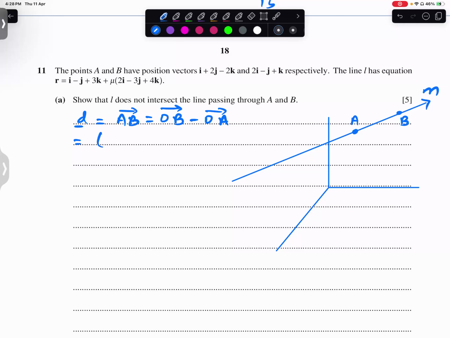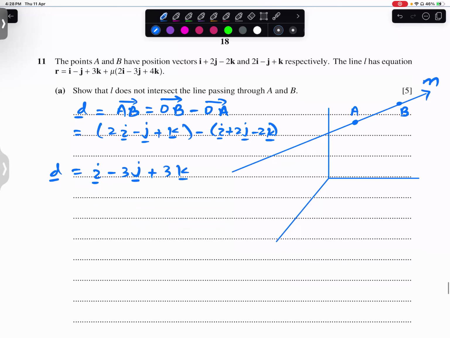Now 2i minus j plus k minus i plus 2j minus 2k. 2i minus i will be i, minus j minus 2j will be minus 3j, k plus 2k will be 3k. This will be my direction vector.